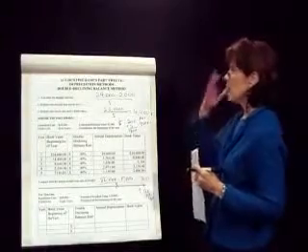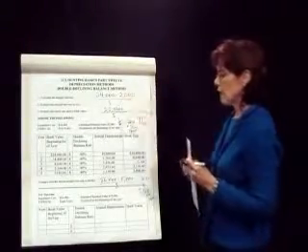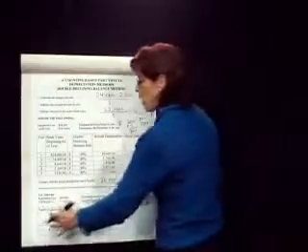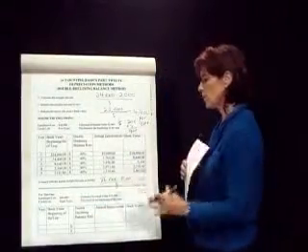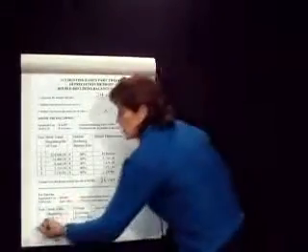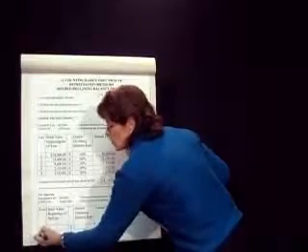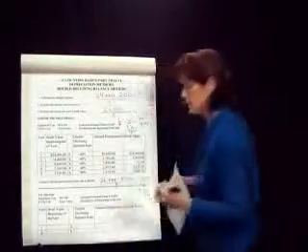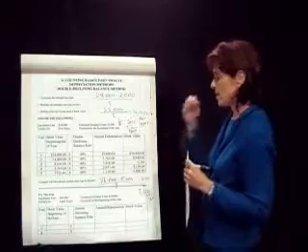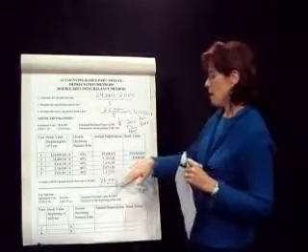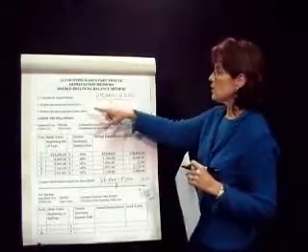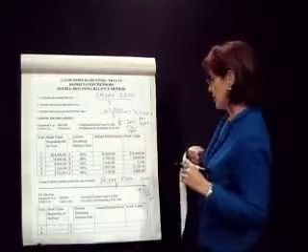Let's go back up to the steps we need to use the declining balance method. One thing I always recommend is that you set up a grid, whether or not your problem calls for it. It's one way of making sure that you get it right, and it's a lot easier not to get it right if you don't use a grid. The first thing we have to do is calculate the straight line rate.